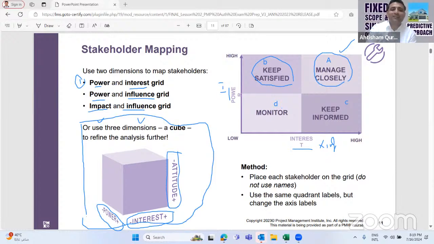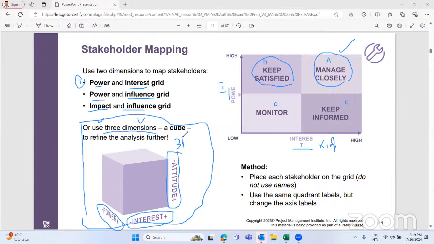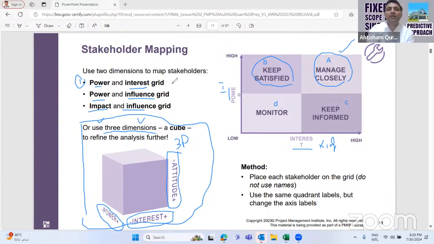That is also important. So we call it 3D. This is the third dimension, right? So we learned about two things, the 2D model and the 3D model. In 2D, we have grids like power interest, power influence, impact influence, and in 3D, we also include one other factor, which is called attitude.